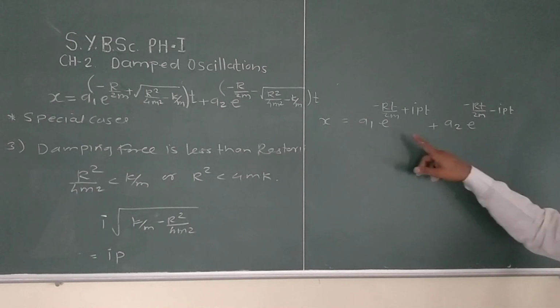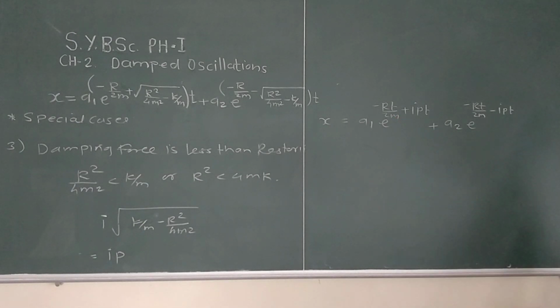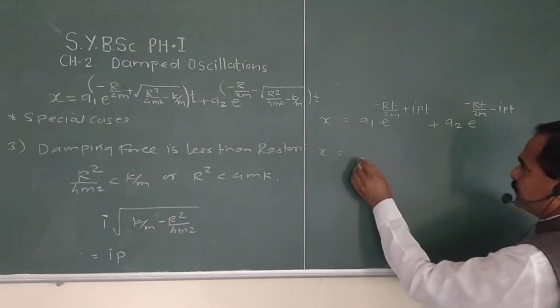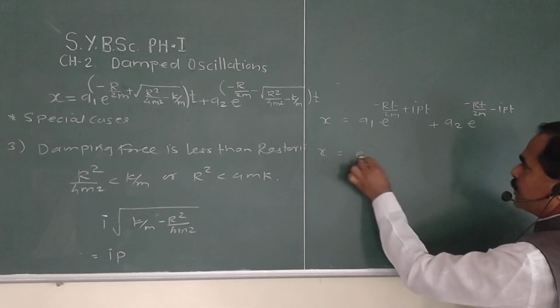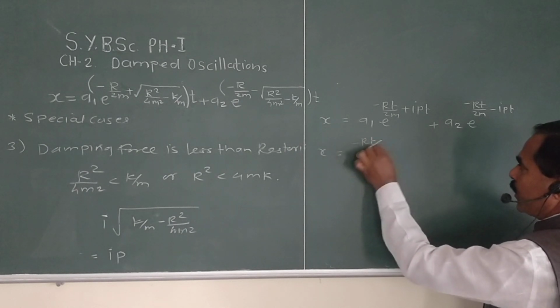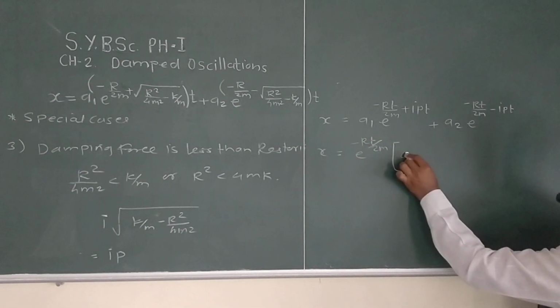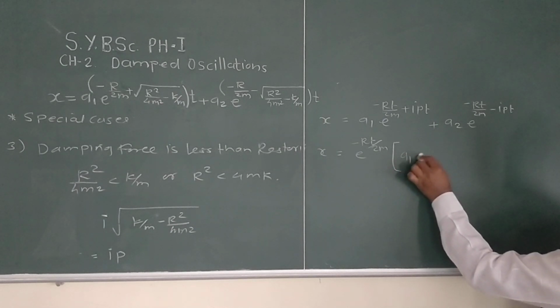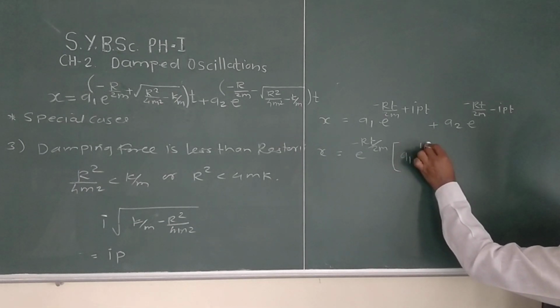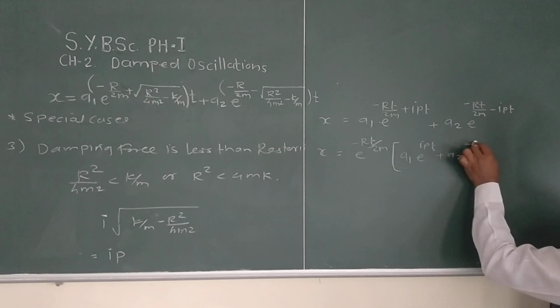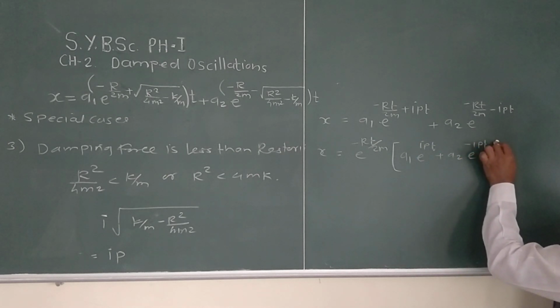Then we take common e raised to minus rt upon twice m. Therefore x equal to e raised to minus rt upon twice m, in bracket a1 e raised to ipt plus a2 e raised to minus ipt.